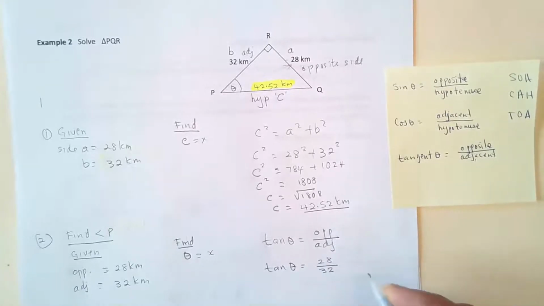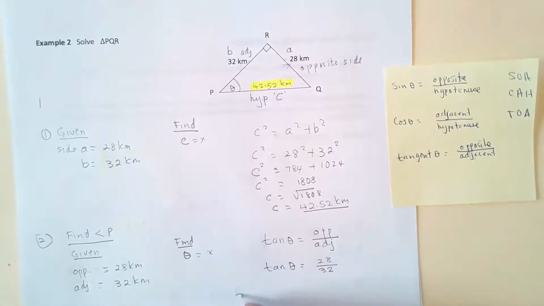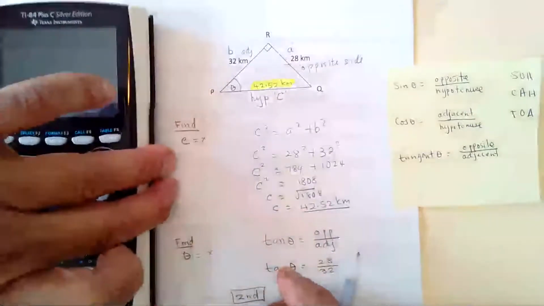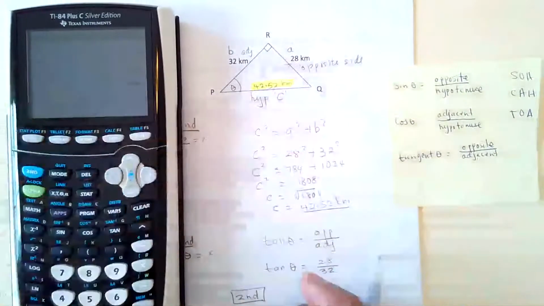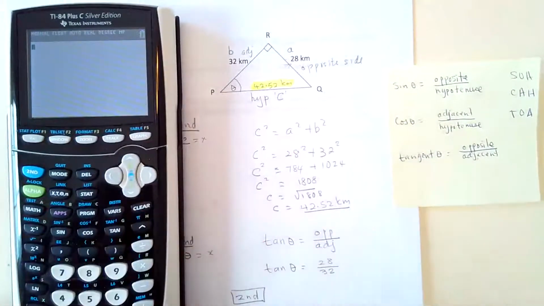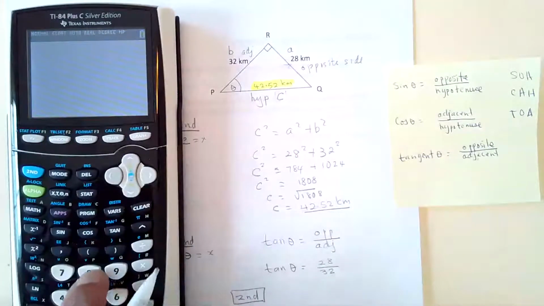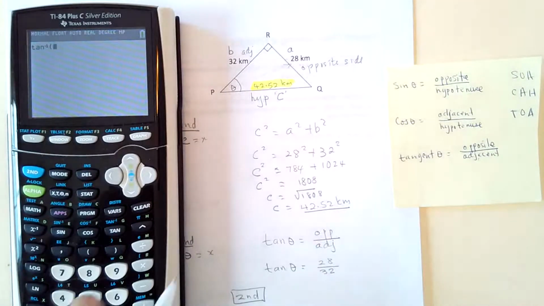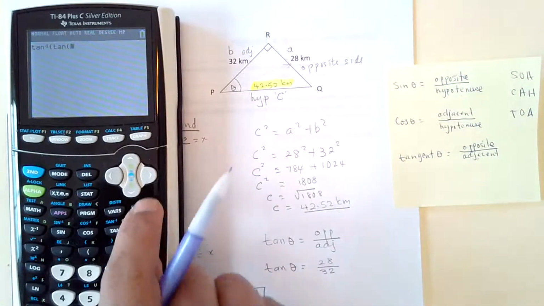So tan theta, opposite is 28, divided by 32. Then I'll use my calculator, second button first. Second tangent. Remember, whenever you have an angle, you have to use your inverse button. Tangent, clear.